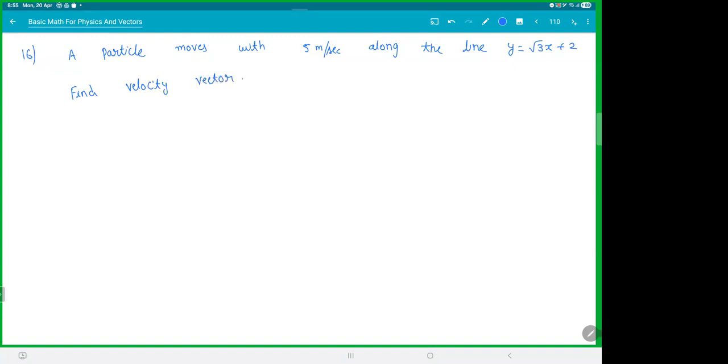Whenever you hear find some vector, they're expecting you to resolve into i cap, j cap and figure it out. Let's see how you will do this.